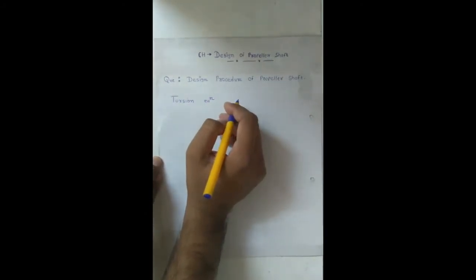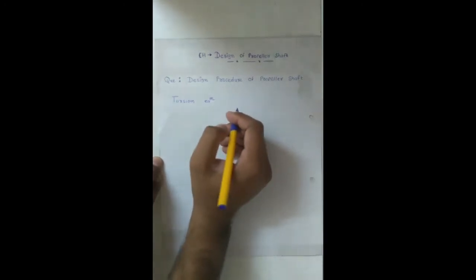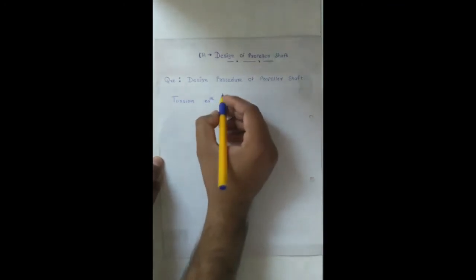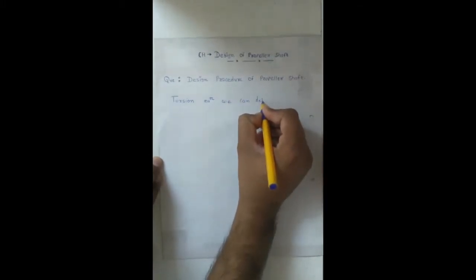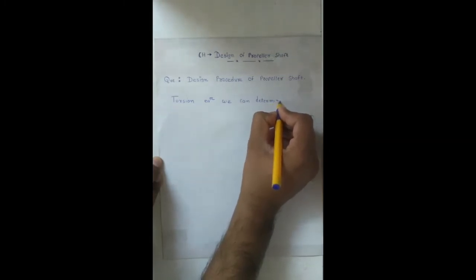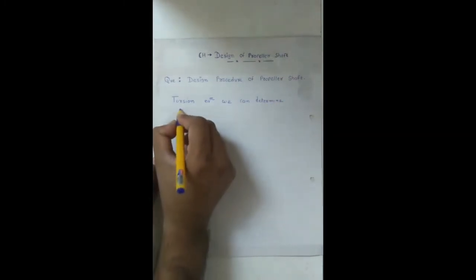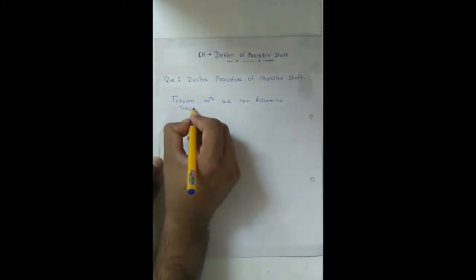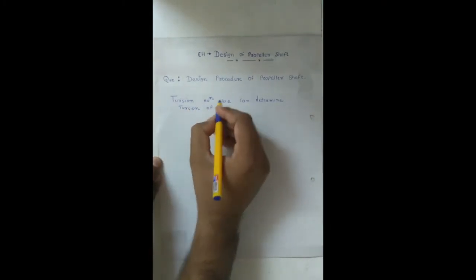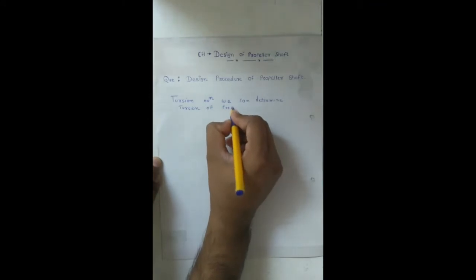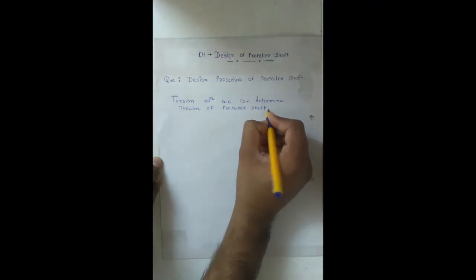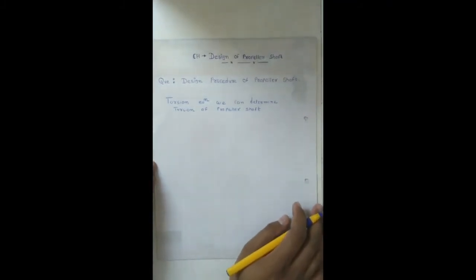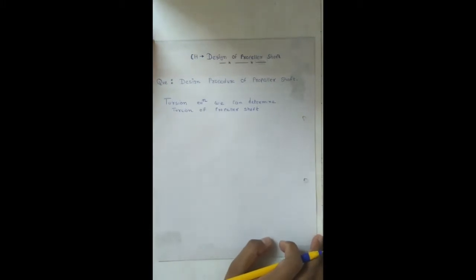By that torsion equation we can determine the torsion of the propeller shaft. This theory is very important in GTU exams for 7 marks.